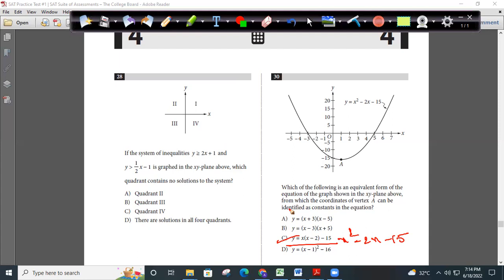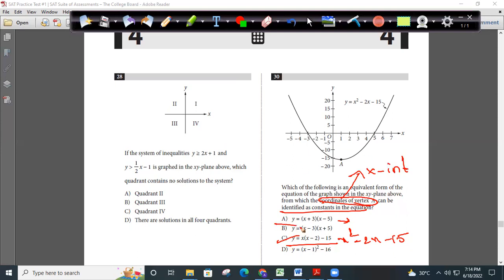Why? What does option A represent? Vertex form. The same question: which of the following is an equivalent form of the equation of the graph shown in the xy plane above, from which the coordinates of the x-intercepts can be identified as constants or equation?